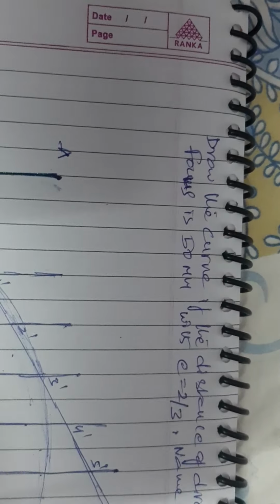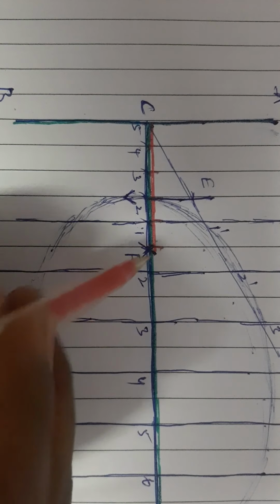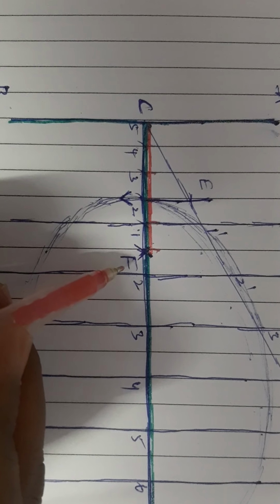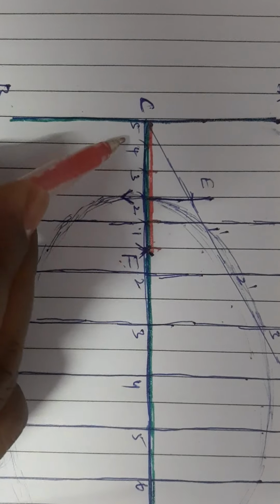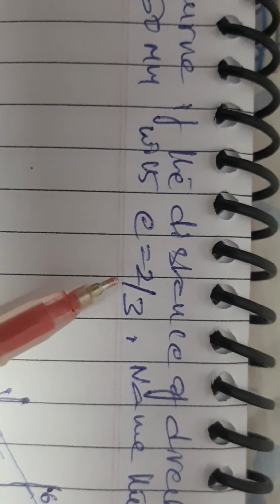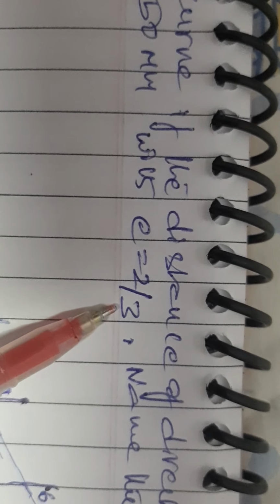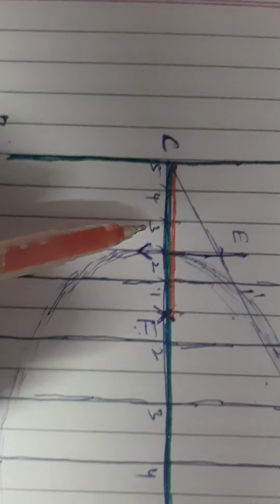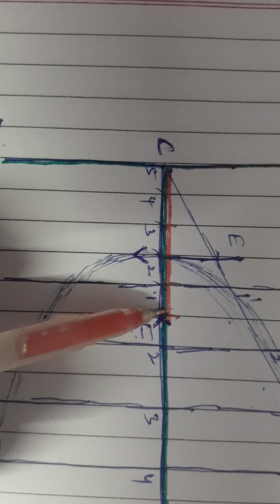We need to locate the position of focus at 50 from C. So I just located the point F at 50 from C. After this, as it is given, e equal to 2 by 3, we need to add these two values, and next divide this CF into 5 equal parts, since 2 plus 3 is 5, by the inclined line method.